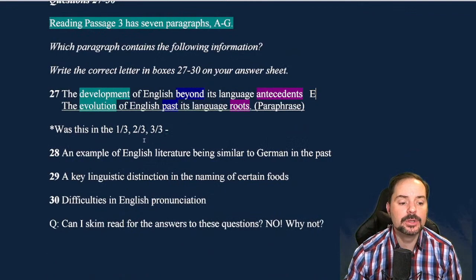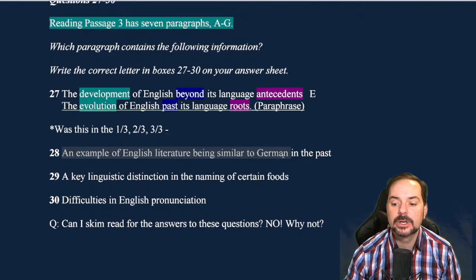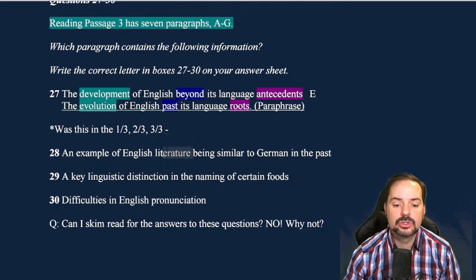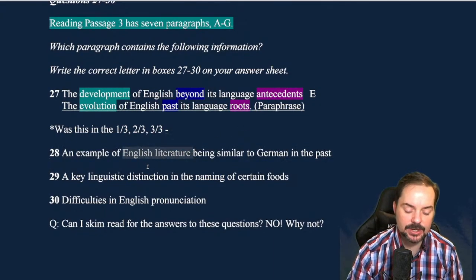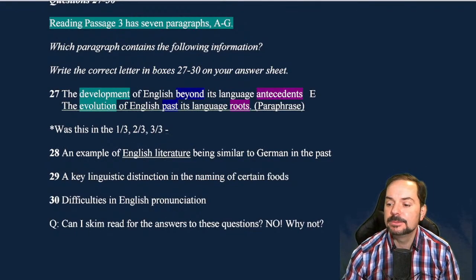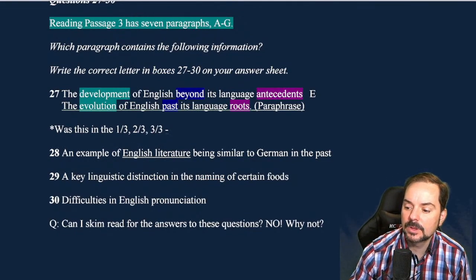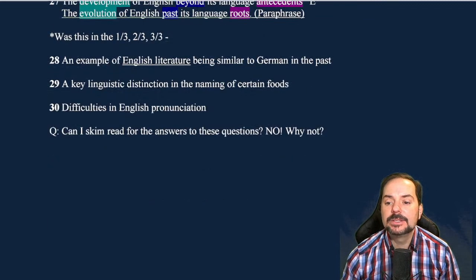All right, let's go to the next one, 28. An example of English literature being similar to German in the past. Number 28. If we're paying attention to English literature here, we can figure this out. Okay, what is it? So what's the answer to this one?